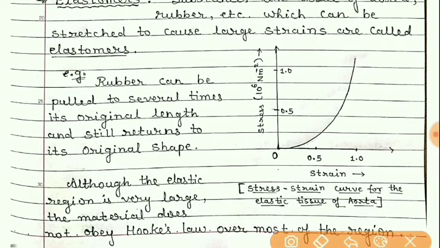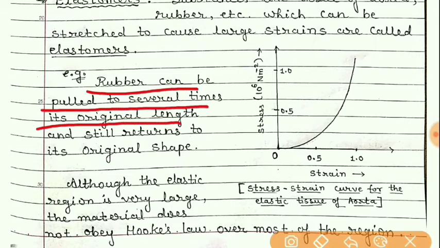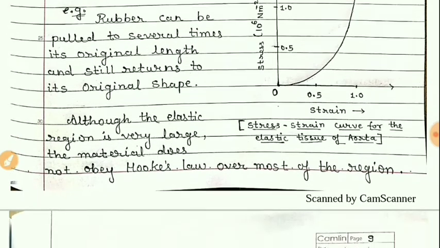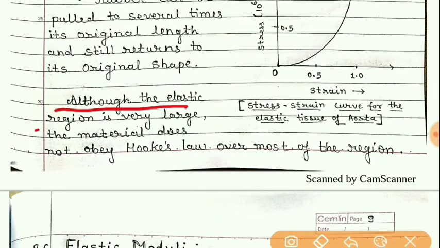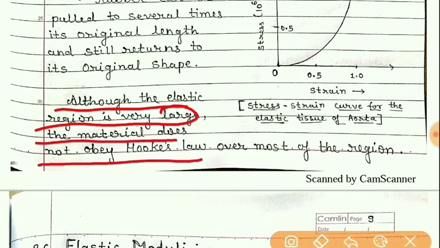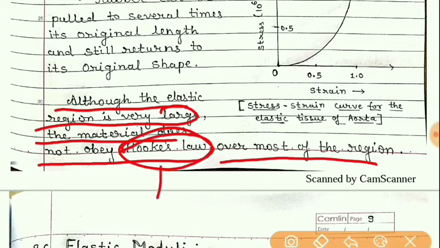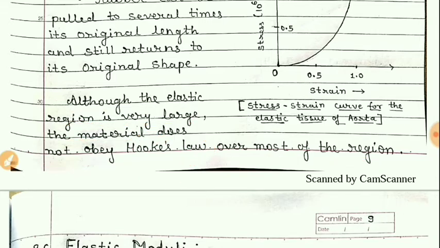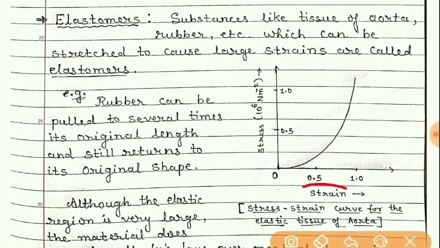So I have written here as an example, rubber can be pulled to several times its original length and still returns to its original shape. Although the elastic region is very large, the material does not obey Hooke's law over most of the region. Students, Hooke's law is obeyed when we get a straight line in the graph of stress and strain.